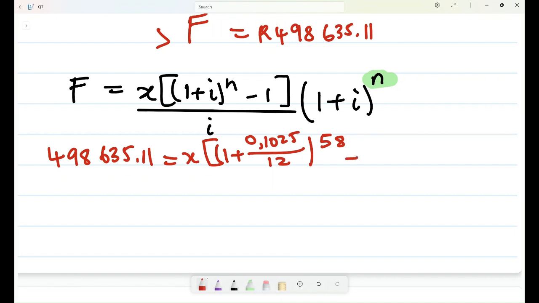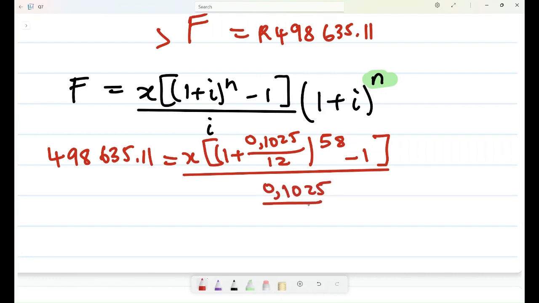All right, then minus 1, close your bracket. Then you divide by 0.125 divided by 12. Then I said please add this for me: 1 plus i.